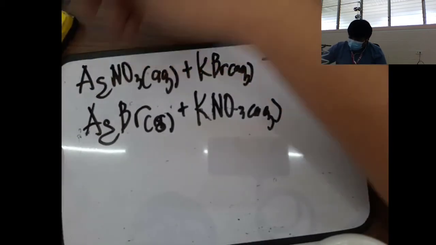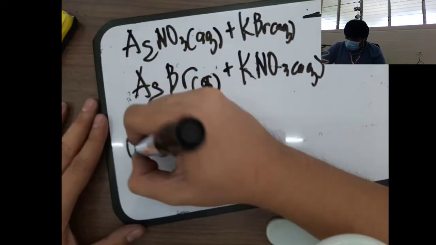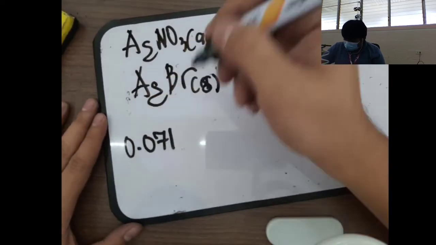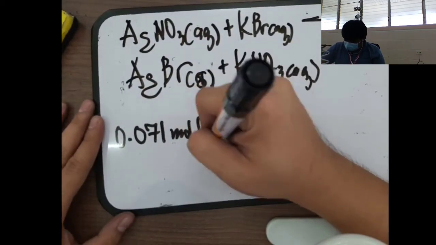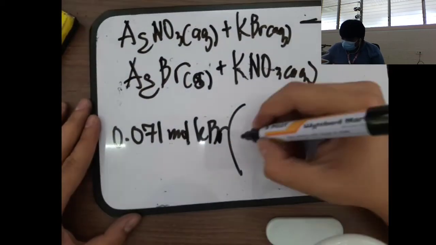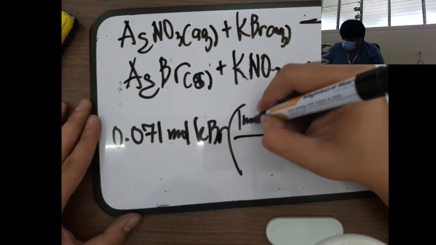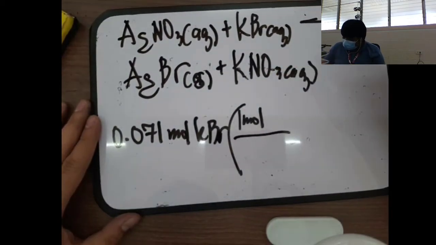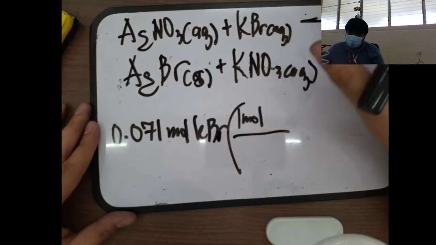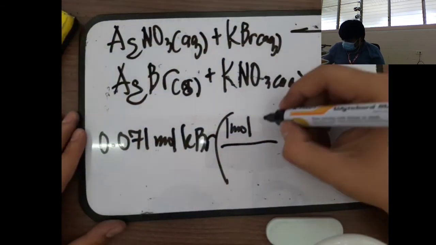So going back, we already have the total number of moles of potassium bromide. We convert this to moles of silver nitrate using the balanced equation, as you can see here, which is already balanced.